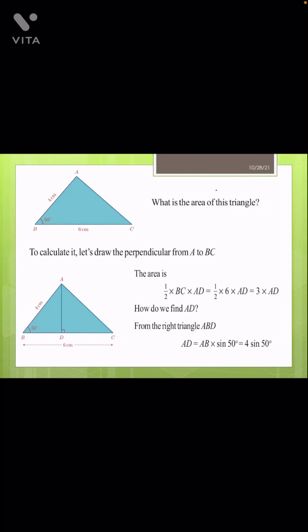The area is half BC into AD, that is half 6 into AD, which will be 3 into AD. How do we find AD? From the right angle triangle ABD, AD is equal to AB into sine 50 degree. AB is 4, so it will be 4 sine 50 degree.